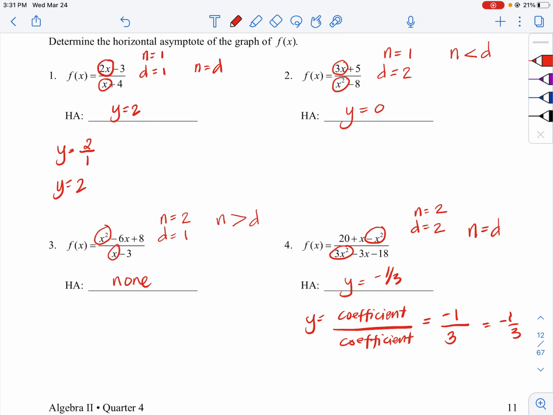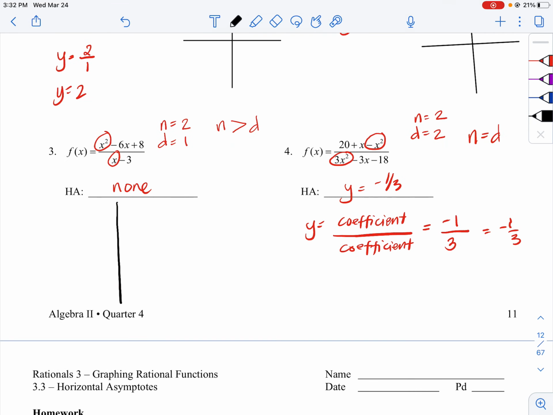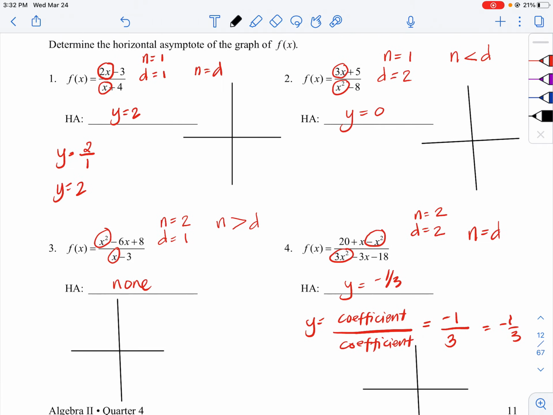I'm going to draw how it looks, and in your homework, I would also require you to sketch the horizontal asymptote so that when we get to the graphing part of the rational function, we are not going to have a hard time because we already know where everything is coming from. Okay, let's try to do this.